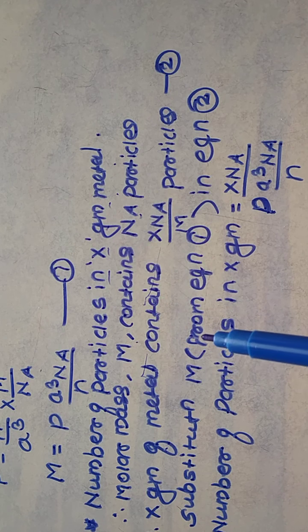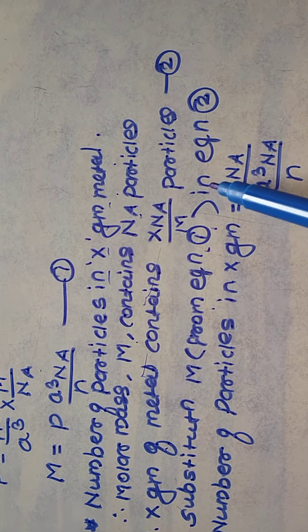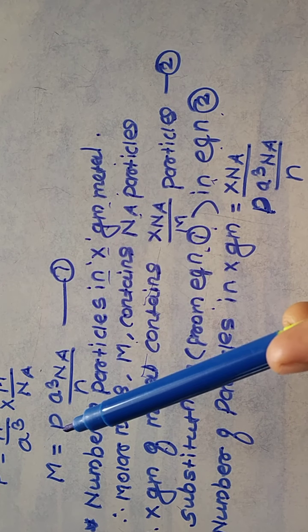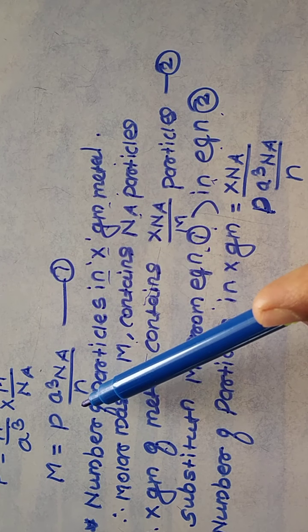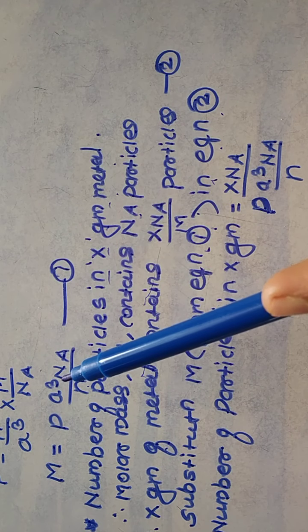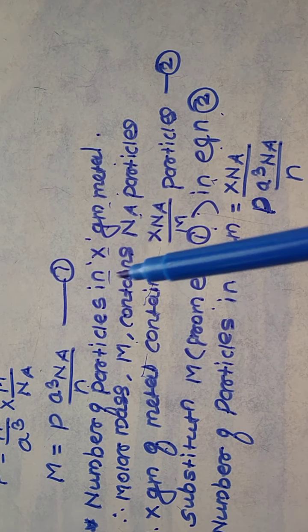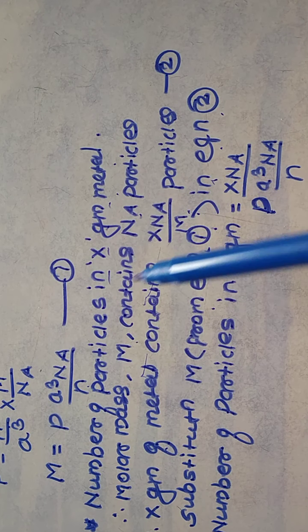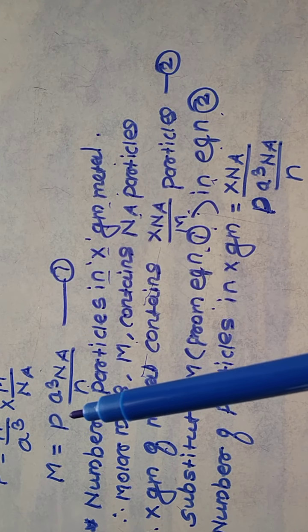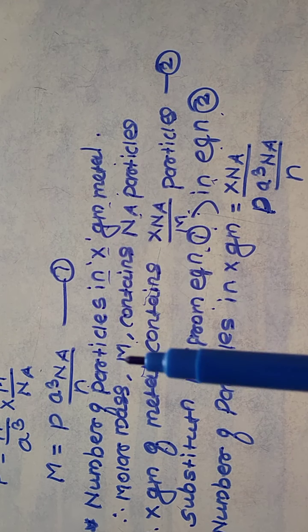You can substitute M from equation 1 into equation 2. You can put the value of molar mass from equation number 1 into equation number 2. So what is the molar mass? Density, a cube, Avogadro's number divided by n.